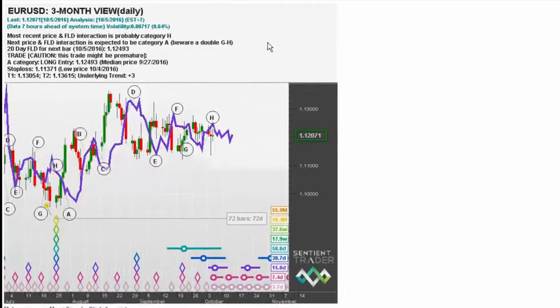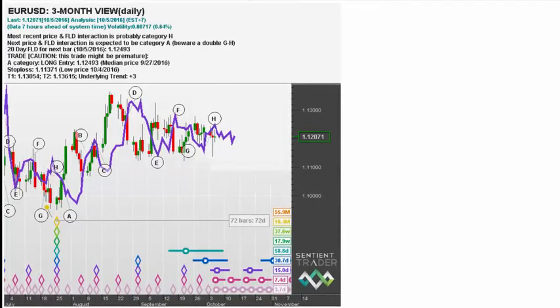And let's just have a look at the 3-month view and see how this change has affected the sequence, see whether this is looking like a better sequence. So here we start with the 18-month cycle trough over here in July, which I have just pinned, and we have a good A category interaction over there, which exceeded its target, as you can see, coming up to this peak, came down to the FLD, and as you can see, tracked much more cleanly along the FLD than in the previous analysis.